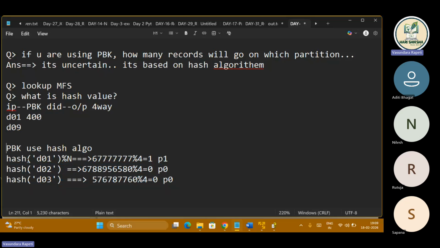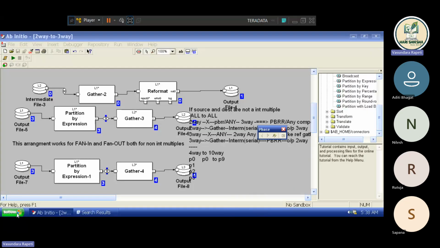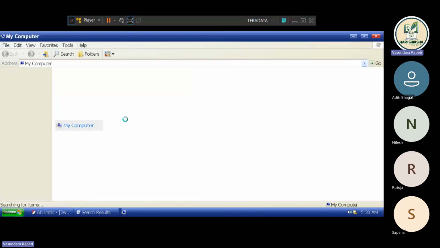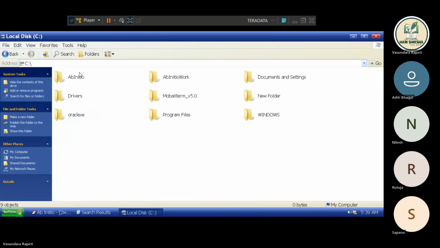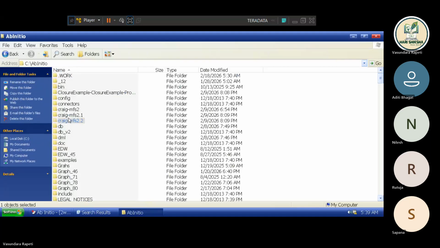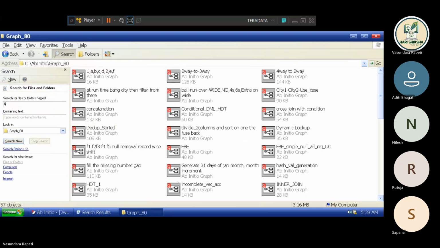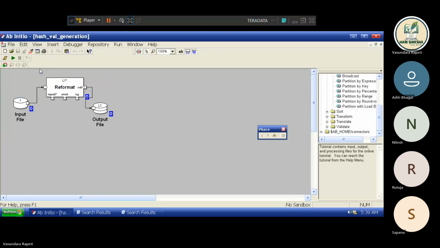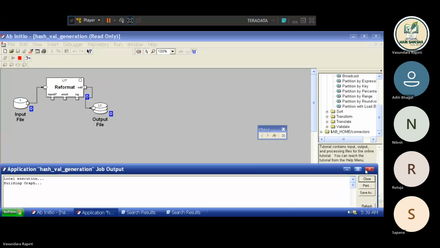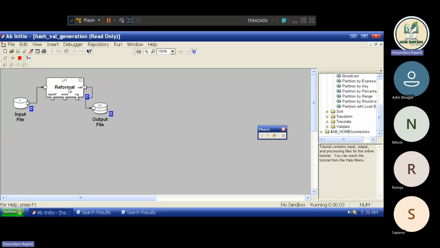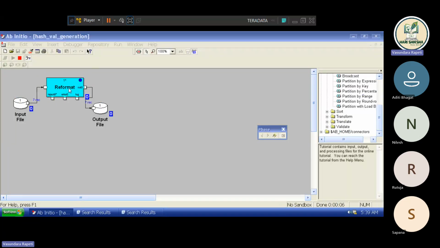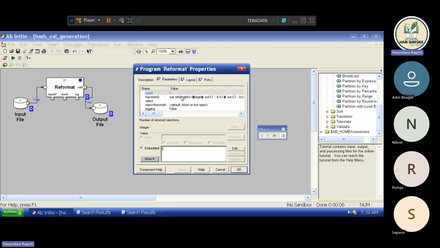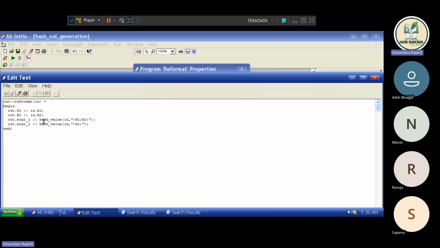Can you pre-calculate? Can you see the hash value? Yes, we have a hash function. By that we can see; I created one graph, will show you quickly. So we have a hash function. If we want to see beforehand what the hash value will be, this is the hash value function.